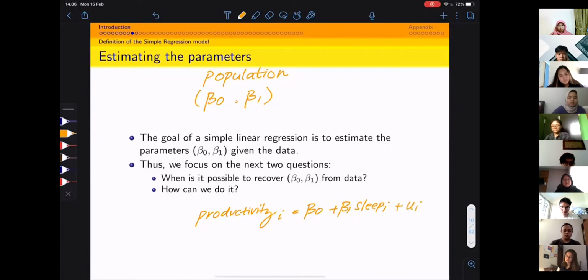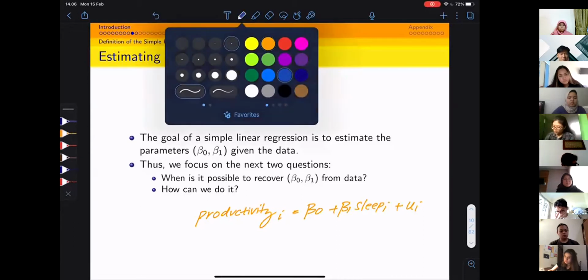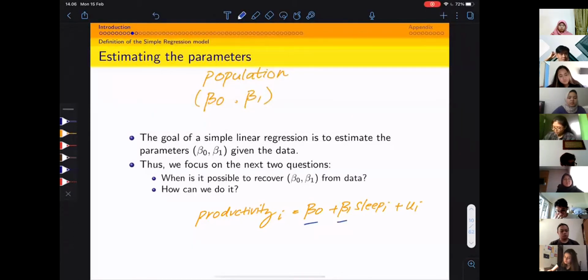And of course, there are unobservables that we don't control in this model. Again, our interest is to try to estimate beta 0 and beta 1 from the data that we have. So this is basically our main interest.